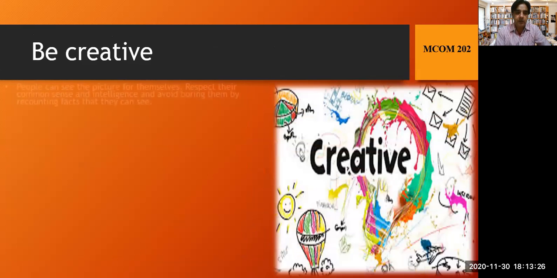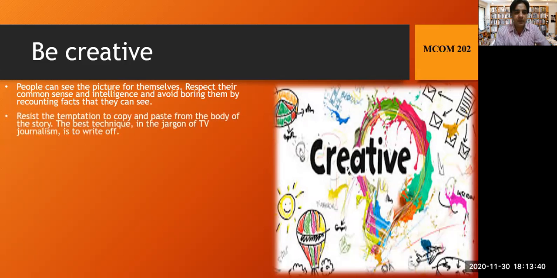Be creative. People can see the picture for themselves, so respect their common sense and intelligence, and avoid boring them by recounting the facts they can actually see or read in the story. Resist the temptation to copy and paste from the body of the story. You should not copy captions from the body of the story.